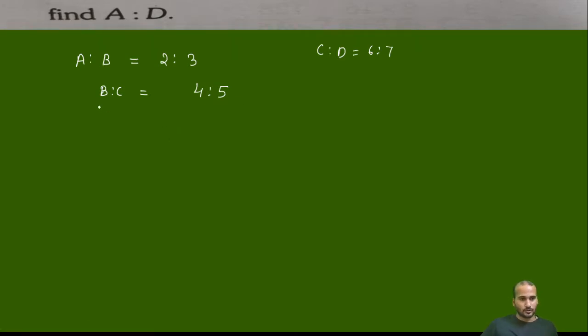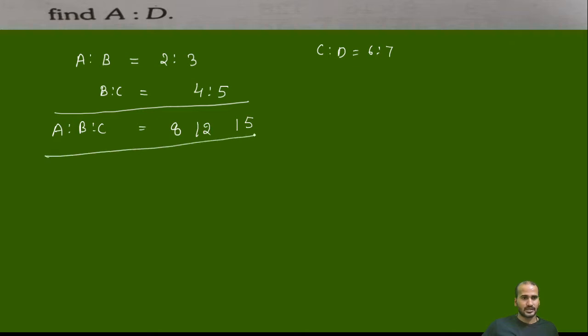For this, firstly compare two values. So A is to B is to C is equal to 5 3s are 15, 4 3s are 12, and 4 2s are 8. This is the value.